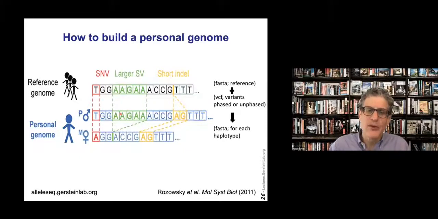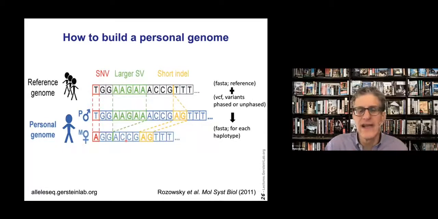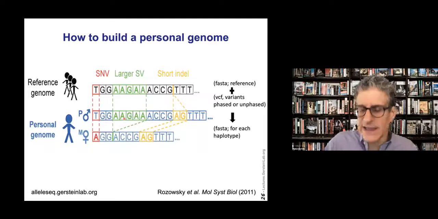And then you would map the reads back to that diploid genome. And then you would no longer have a bias because you have the perfect copy of the maternal genome, perfect copy of the paternal genome, and then the read would map where it perhaps should. Now, it sounds all very easy. It's actually somewhat hard to do this. But in any case, it's conceptually the right thing to do.